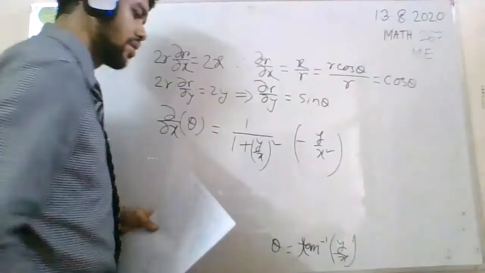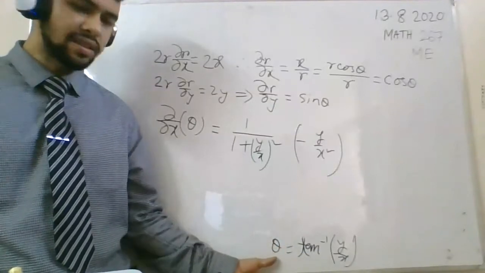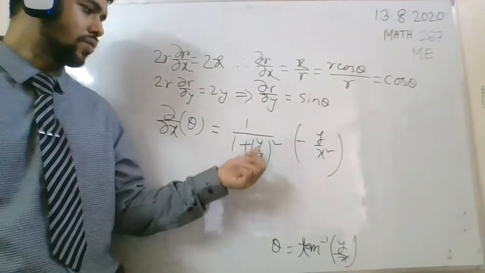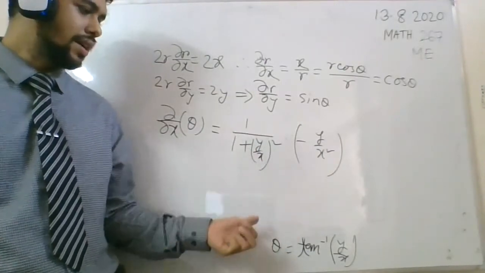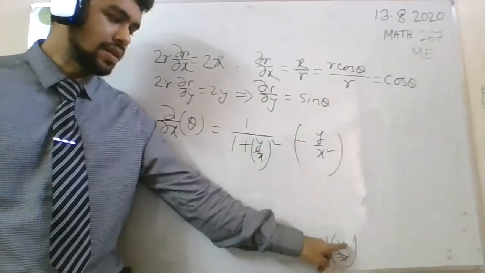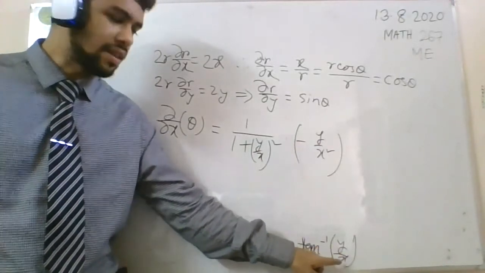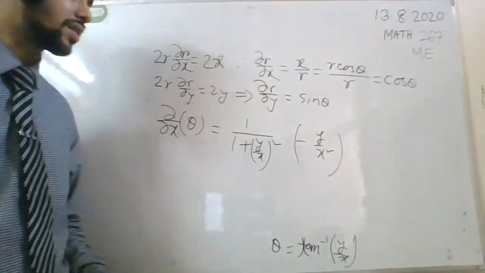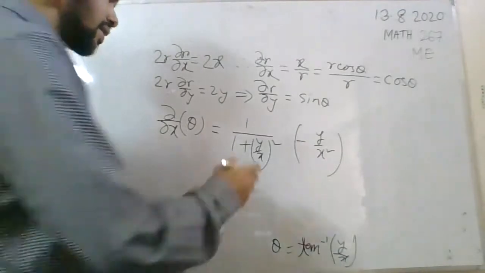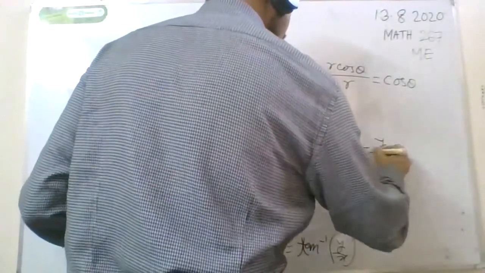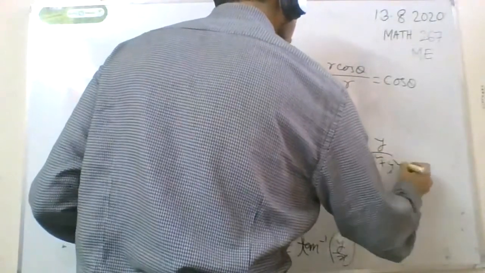So at first you have to partially differentiate this theta with respect to x, and you get 1 by 1 plus (y by x) whole square. And also you have to differentiate partially with respect to x in the middle term of this angle. That means this y by x also you have to differentiate first, partially, and then your result will be minus y by (x square plus y square).